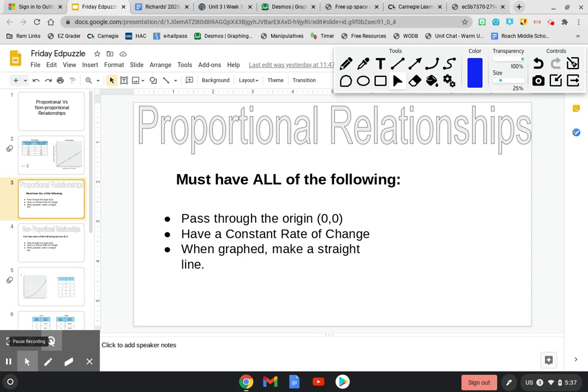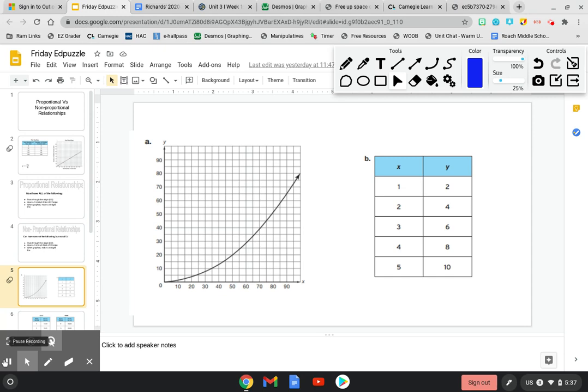Guys, if you didn't have any toys to sell, you couldn't sell a stuffed animal. If I went back to my equation and put x as 0, so I substituted that out, I would get 0, 0, 0. So those are all things proportional relationships must have. The one on the left, while it passes through 0, 0, is not proportional because it's not a straight line.